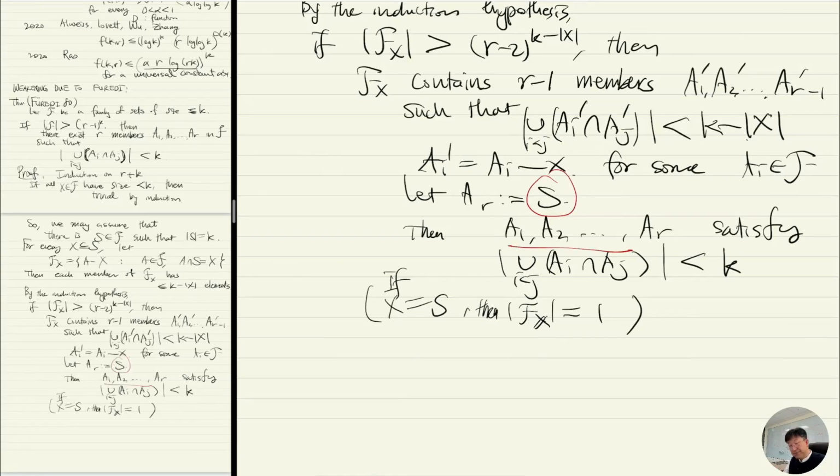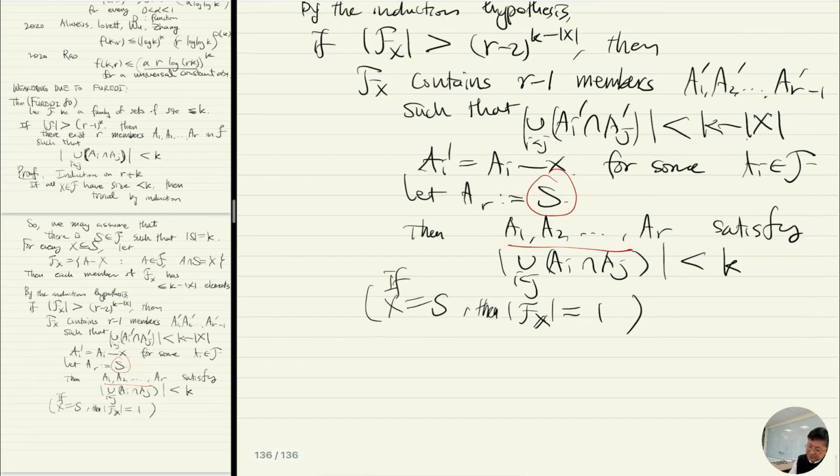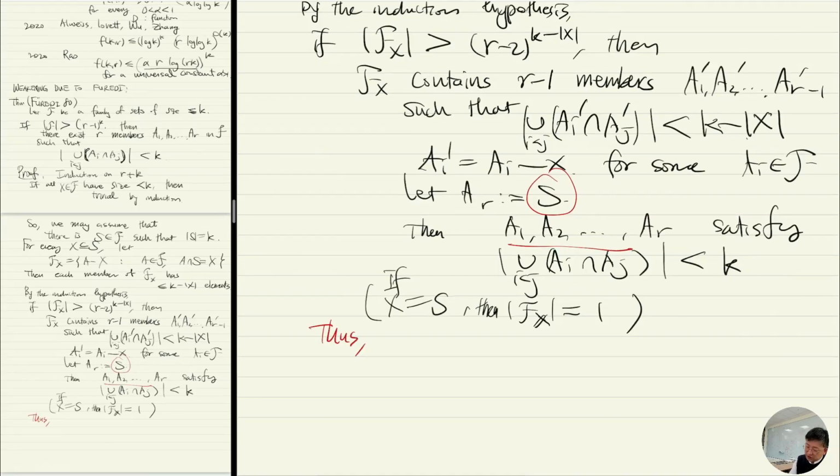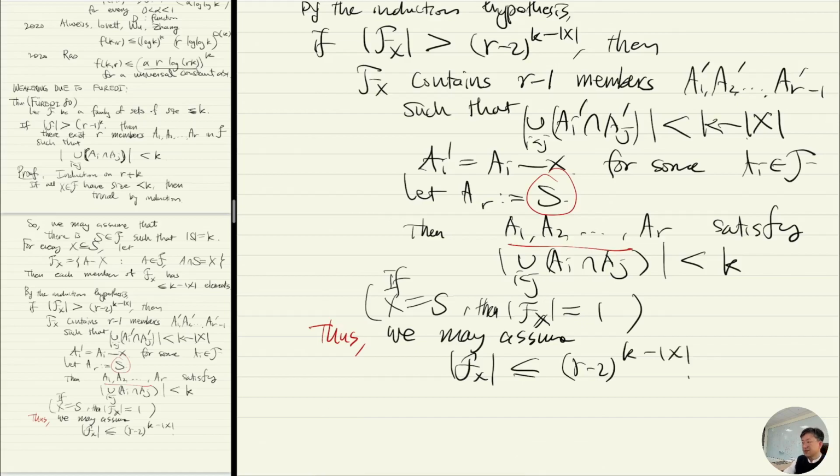So if f(X) is bigger than this number, then you can always find a family of r sets whose union of the pairwise intersections is small. Thus, we can assume f(X) is at most (r-2)^(k-|X|). This is for all X.